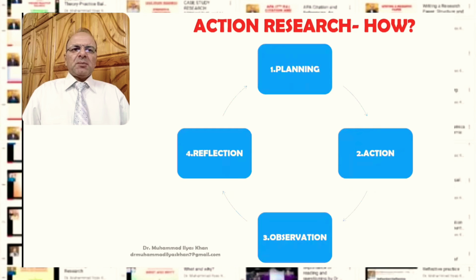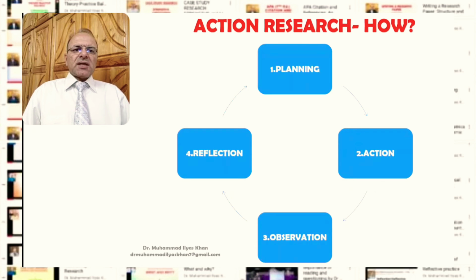So the planning part of it actually is like thinking about and focusing the research problem or issue that actually comes while one is in practice or in field. This planning is then followed by action, which actually means bringing the change in the activities that are being conducted.